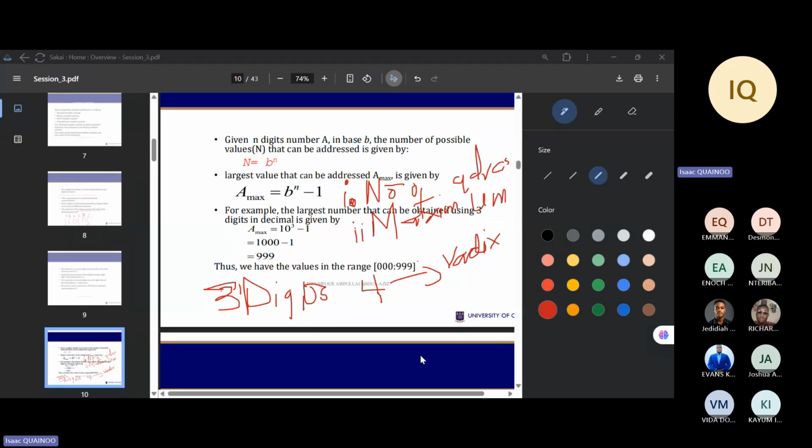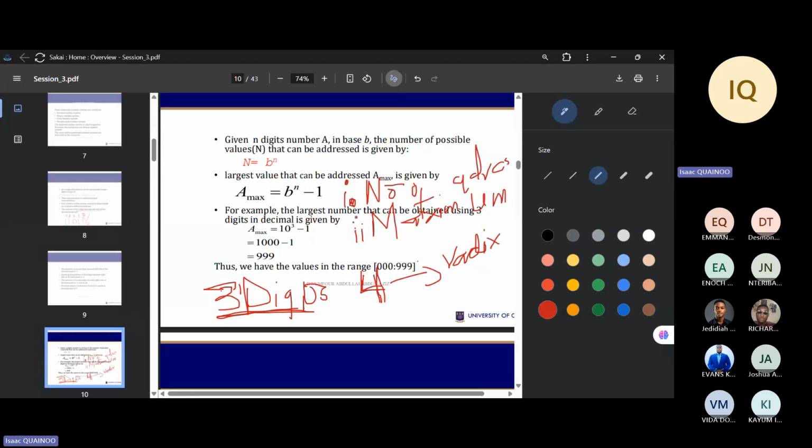Yes, I'm saying that this is a question again. We have a particular number system, and in that number system, we want it to accommodate a total of 3 digits. That number system is to the radix 4, or base 4.